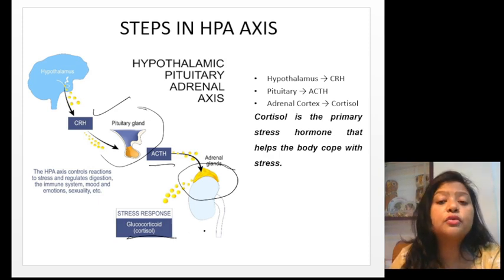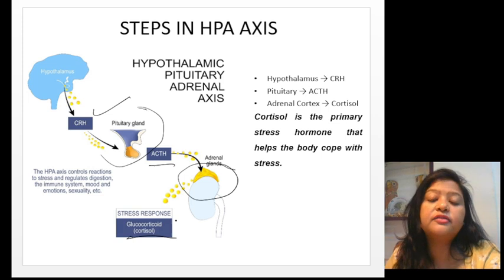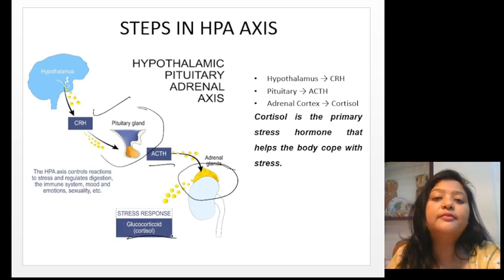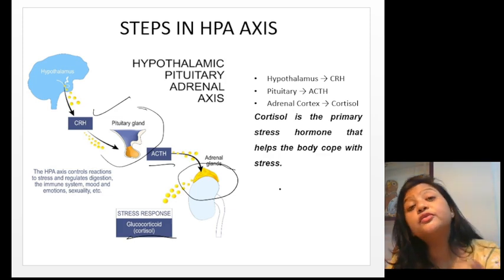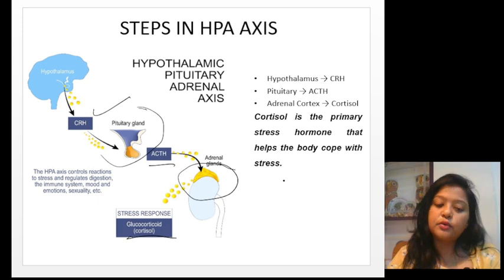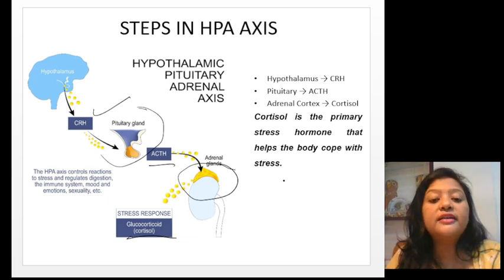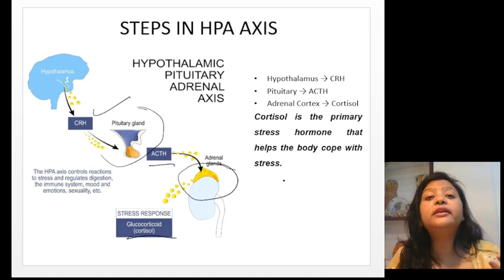It's a glucocorticoid. In response to stress, this cortisol is produced, and it helps the body to cope with the stress. So what does the HPA axis do? It controls the reactions to stress and regulates digestion, the immune system, and mood and emotions.